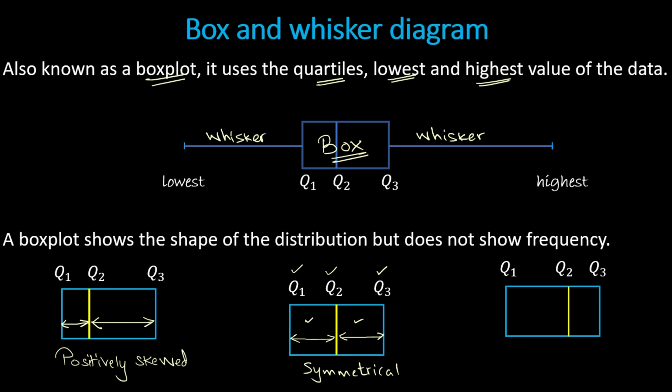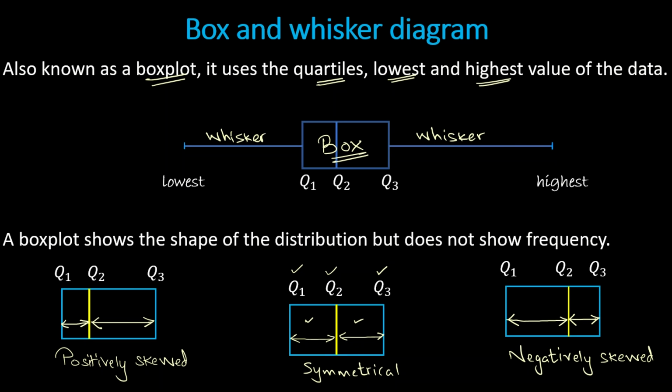And in the third box, we can observe that the distance from Q1 to Q2 is much greater than the distance from Q2 to Q3. Right? So this is a case of a negative distribution, meaning it is negatively skewed.